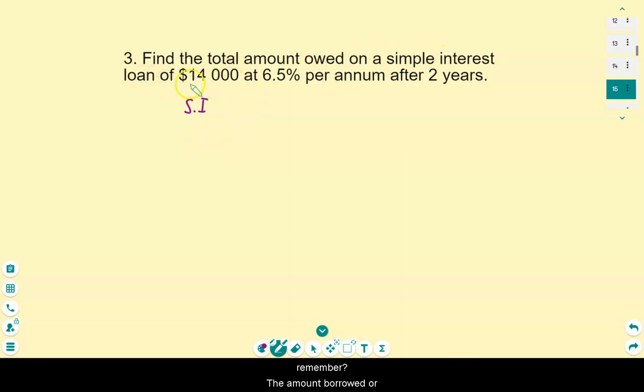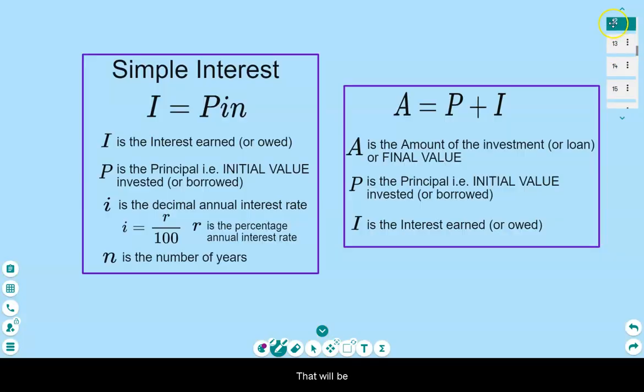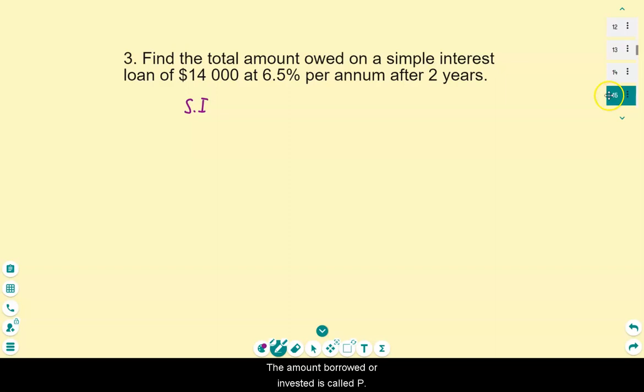So loan means that initial value, remember, the amount borrowed or invested. The initial value is called P. 6.5%. Okay, that is the interest rate as a percentage.